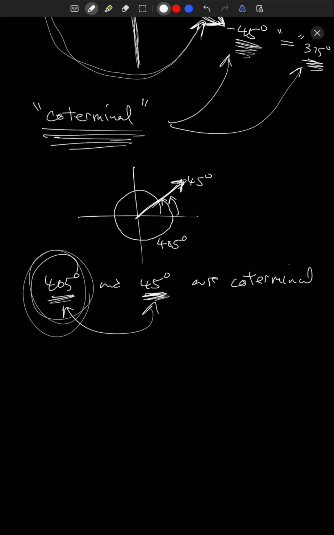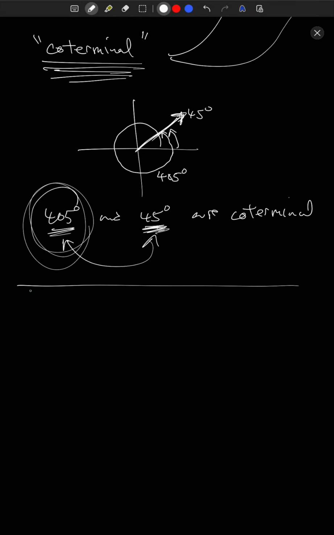Okay. So some of the exercises for this week will ask you whether two angles are coterminal. Essentially the idea is, do they differ by a multiple of 360? For a simple example, 0 degrees and 720 degrees are coterminal because they differ by a multiple of 360.